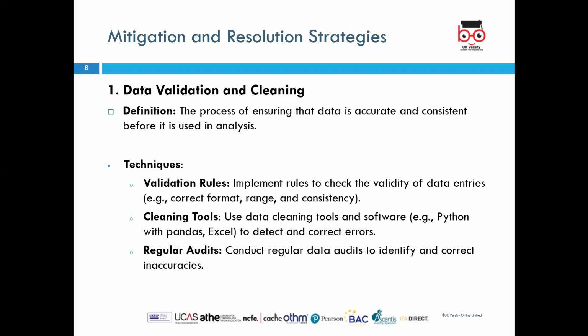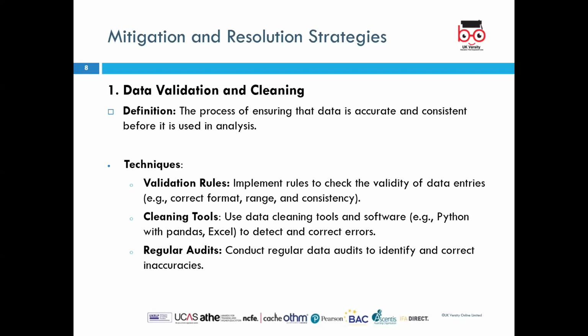Cleaning tools: we can have software that allows us to clean the data. We can look at Python with its libraries such as Pandas, or Excel, and this allows us to detect and correct any sort of error.